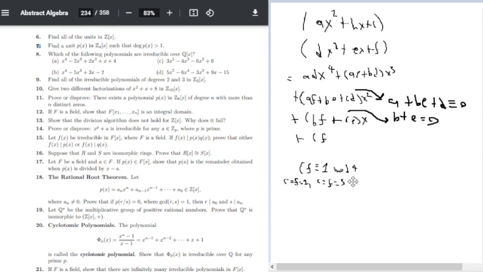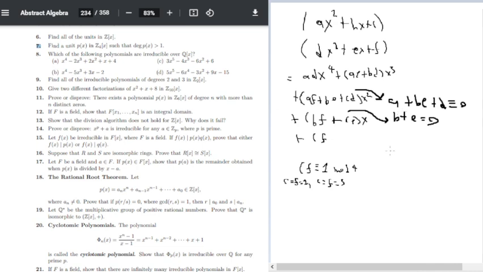So from here, if we want this to be really simple, can we let A and D be 1? We cannot let A and D be 1. So we can let A be equal to 1, right?